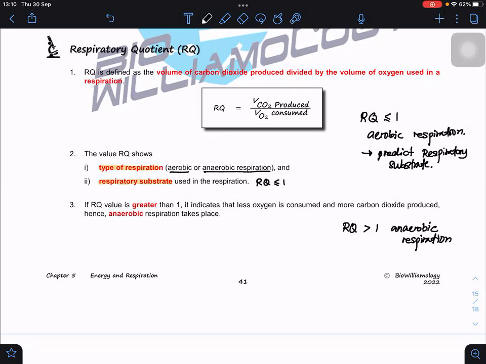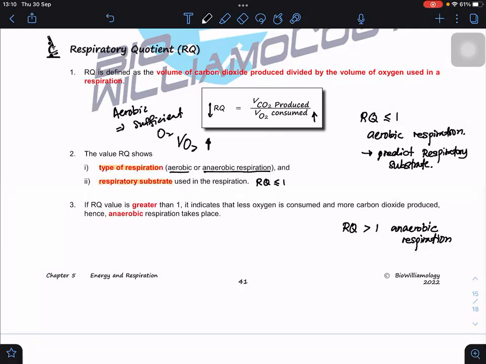So why does aerobic respiration have an RQ value of maximum 1? Look at the equation here. When we say aerobic respiration, it means that we must have sufficient O2, so the O2 volume must be high. If you look at the equation, if the O2 volume is high, RQ will be low, so the RQ value will be less than or equal to 1.